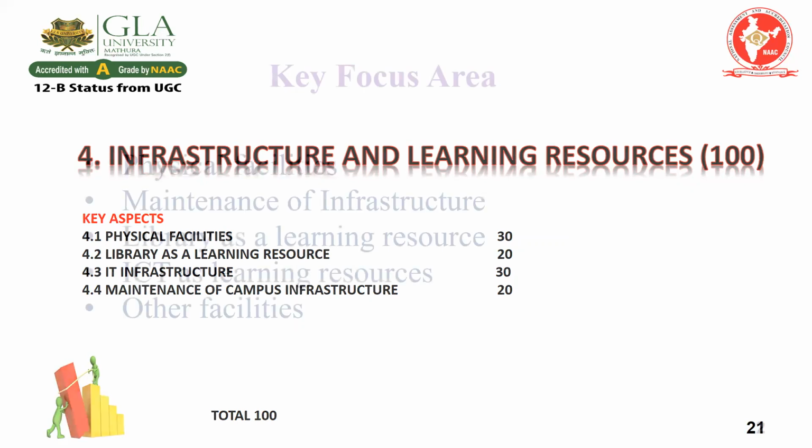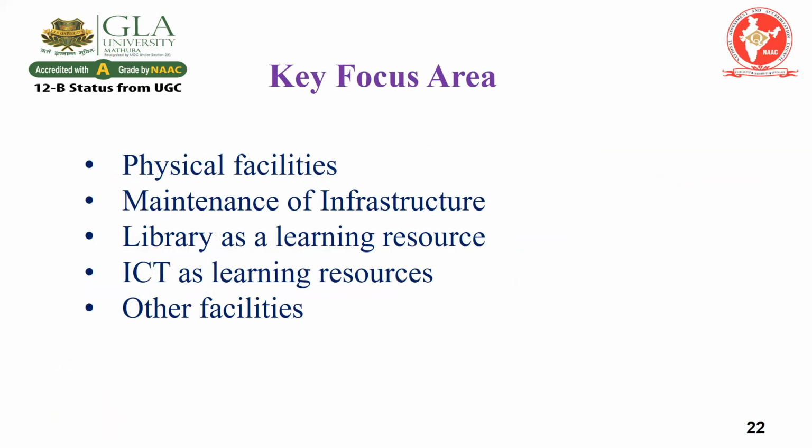So the key focus areas, as we discussed for the previous 3 criteria, again the key focus area of criteria number 4 is the physical facility. Physical facility means the number of classrooms, labs. If it is engineering, the required laboratories for engineering students, whether they are available or not.